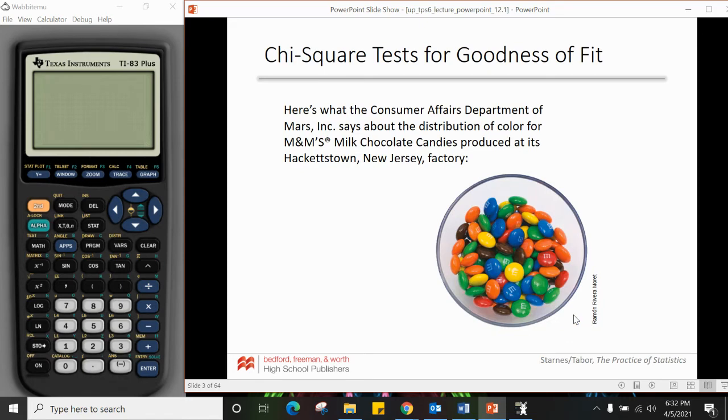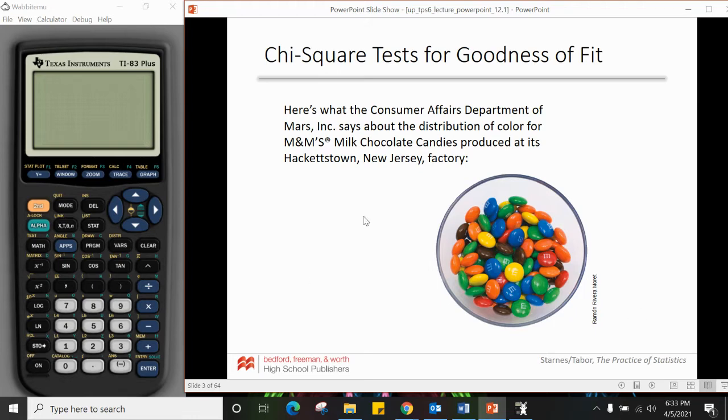Well, if you think back to all the testing that we've done in chapters 8, 9, 10, and 11, it was all based on one sample with one variable, looking at either one population or maybe a difference of populations, but just about the one variable. In chi-squared, there are a couple of different ways we do testing, but one is looking at multiple categories.